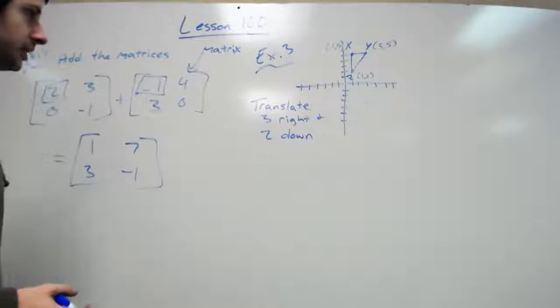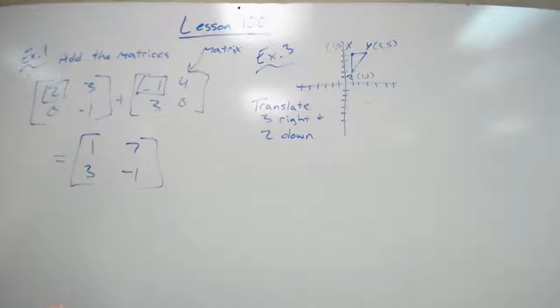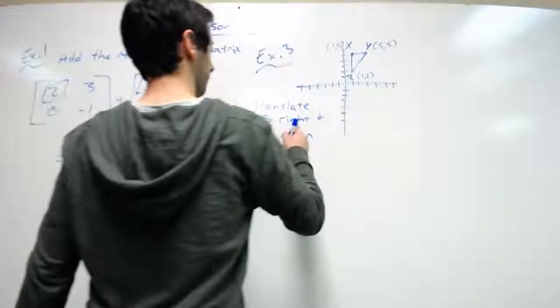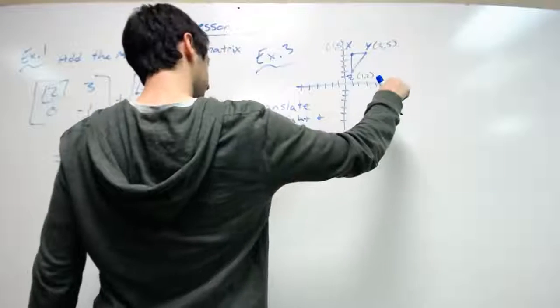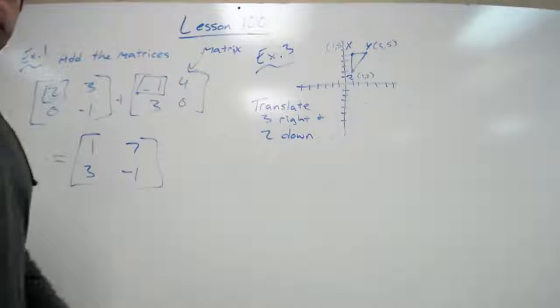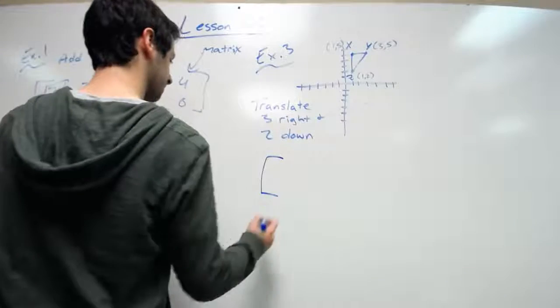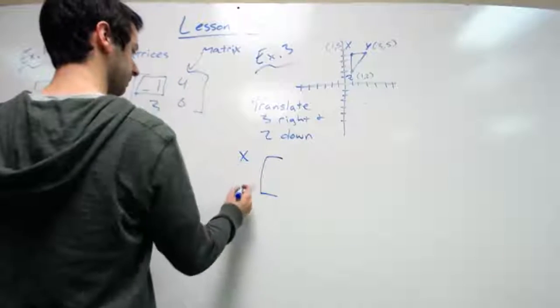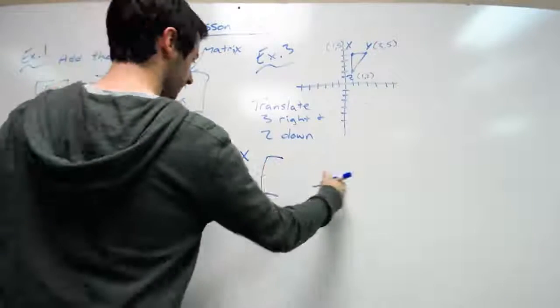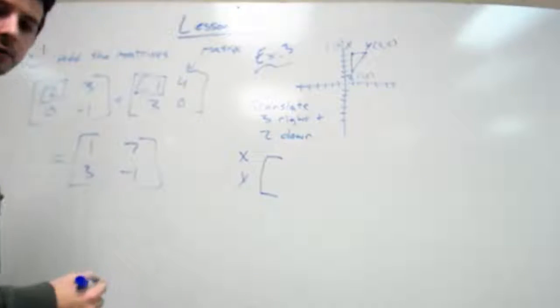Now let's look at how to write coordinates in matrix form. Example 3 wants us to translate the shape 3 right and 2 units down. First, let's look at how to write these in matrix form. If I was writing these in matrix form, I'm going to have my top row be my X row and the bottom be my Y row.